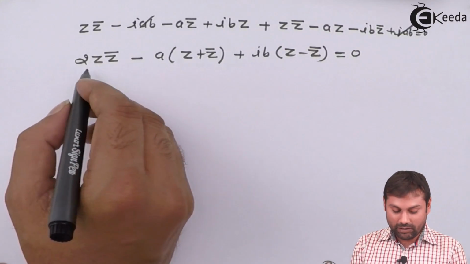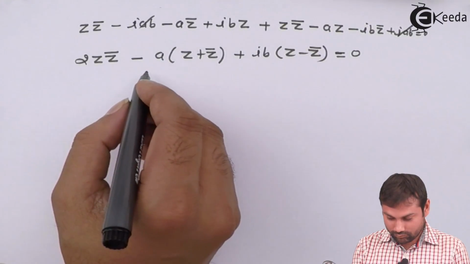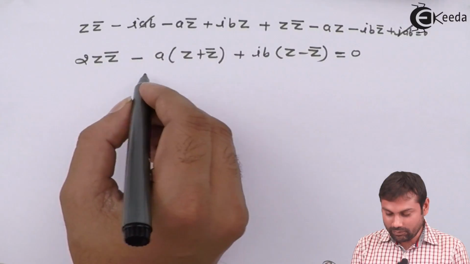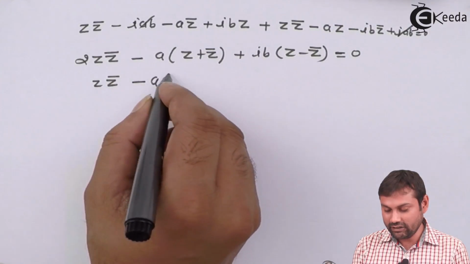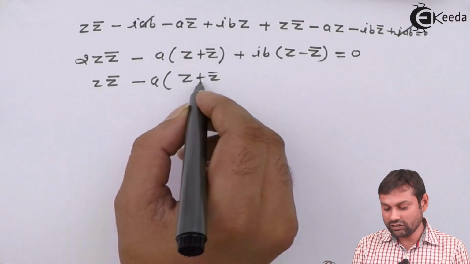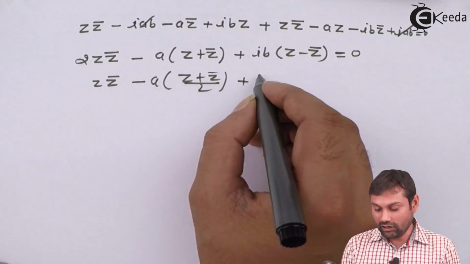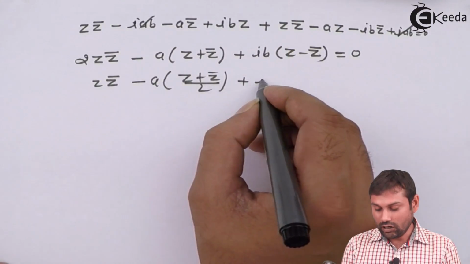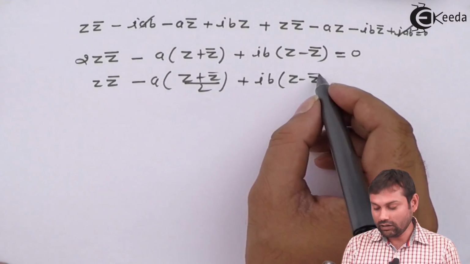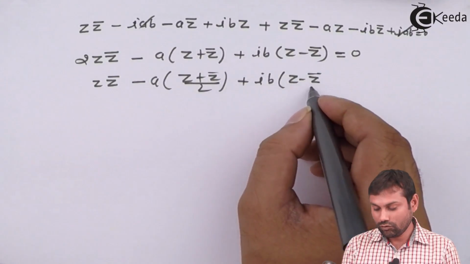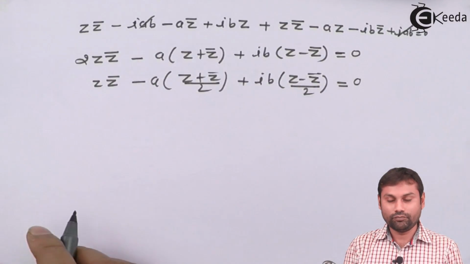Now we can multiply by 2 here, so if I multiply by 2, that becomes z bar minus A times (z plus z bar) upon 2, plus iB times (z minus z bar) upon 2, equal to 0.